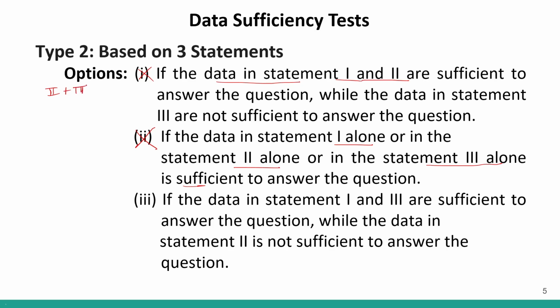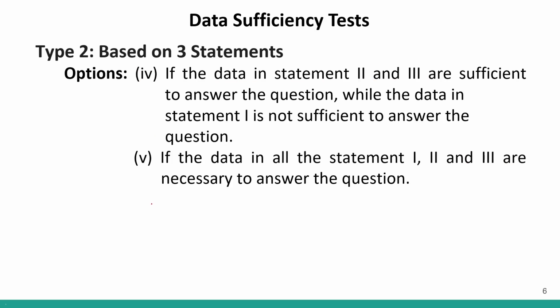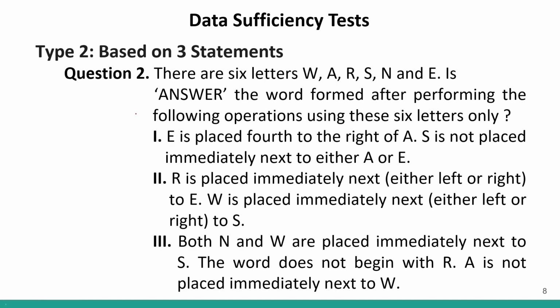Option 3 says 1 and 3 are sufficient. So this is also not correct. Option 4 says data in statement 2 and 3 are sufficient, but data in statement 1 is not sufficient. So this will be my answer. My answer will be option number 4. Clear? Now, moving on to question number 2.